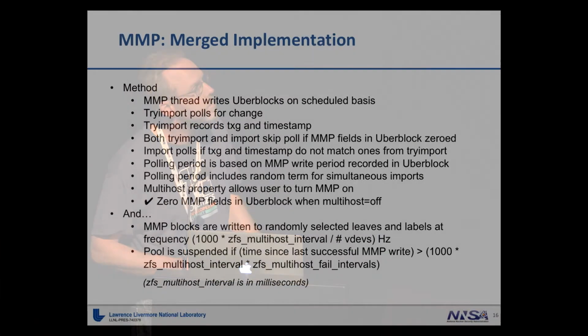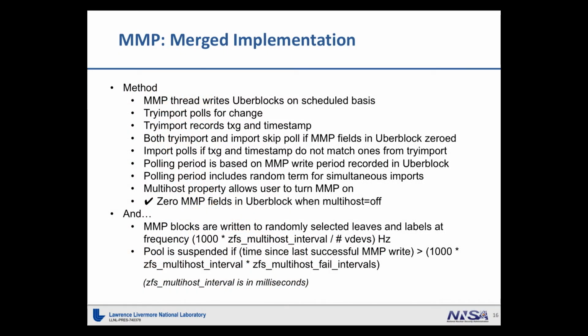These frequencies that I have here, I realized are wrong. So I'll give the corrected slide to Matt for posting. But we added a couple of, I think they're module parameters. One is the multi-host interval.